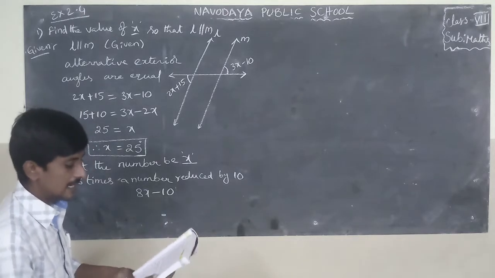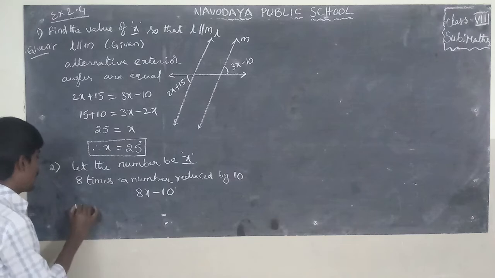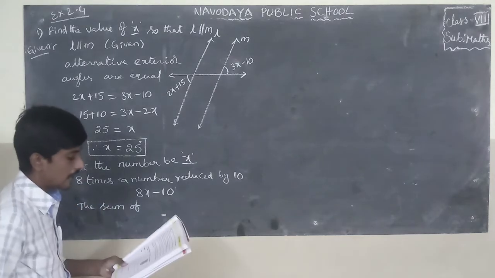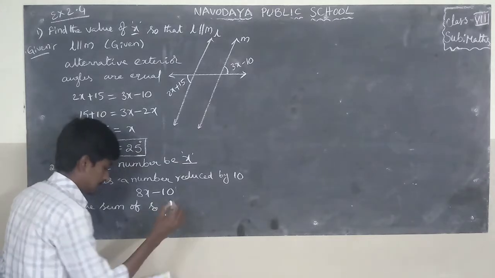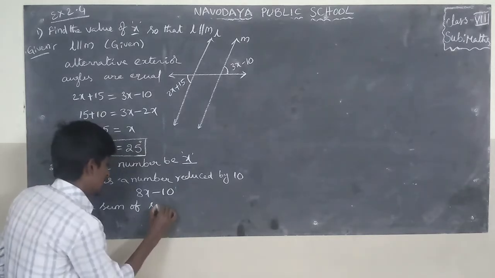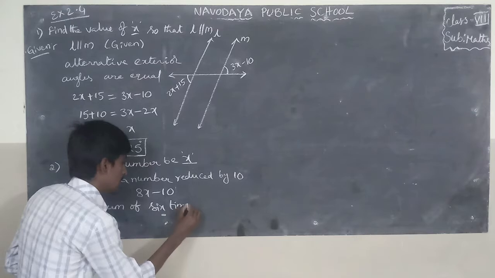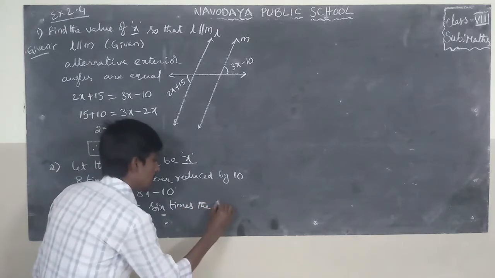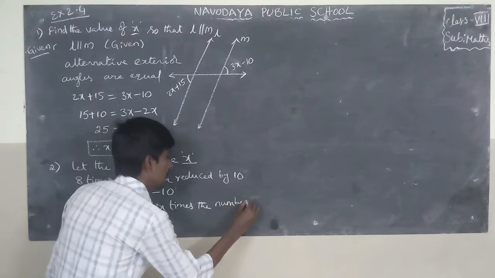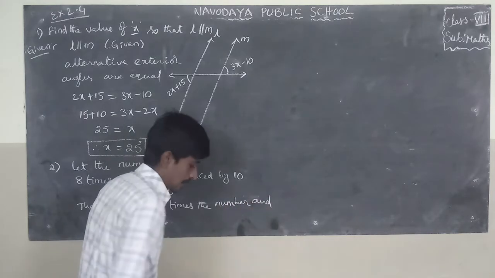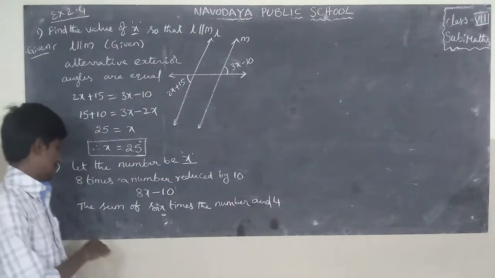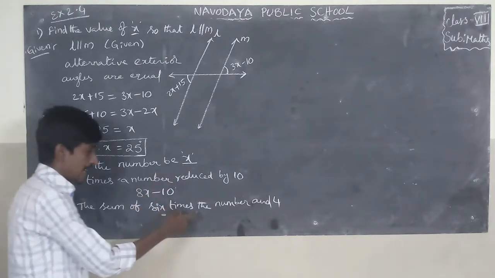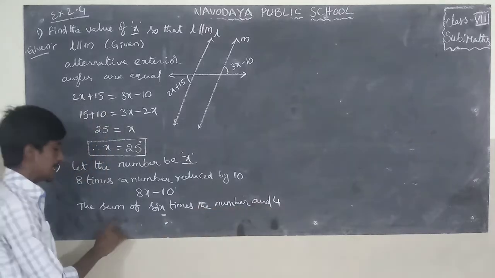And what is the next statement? The sum of 6 times the number and 4. The same number, 6 times, and 4 are adding.